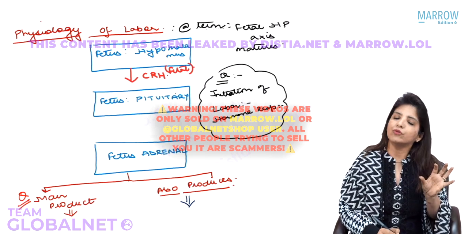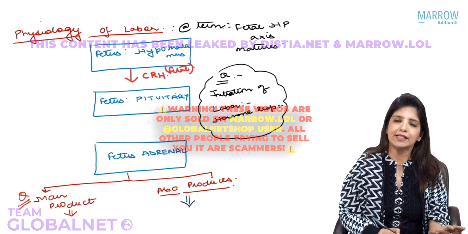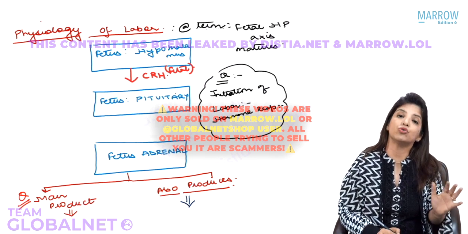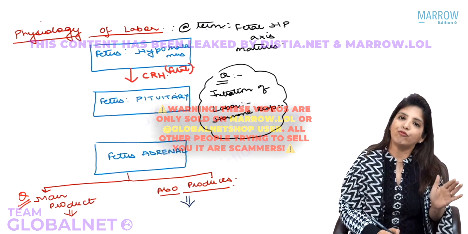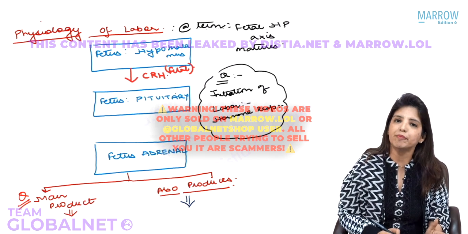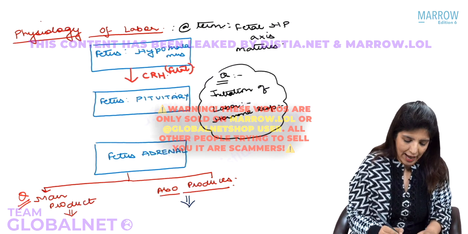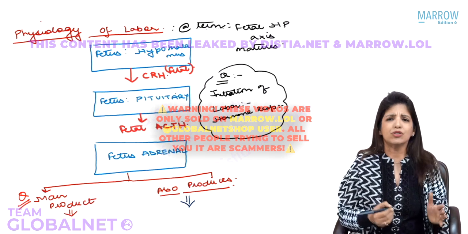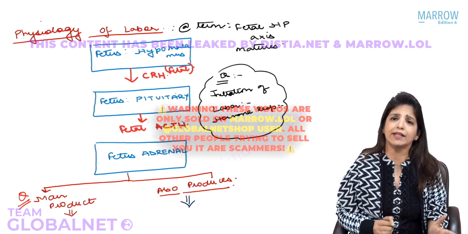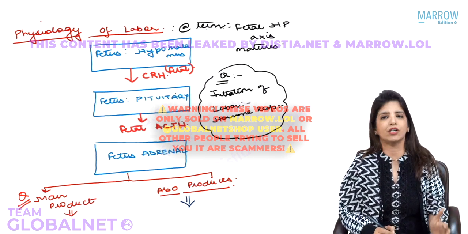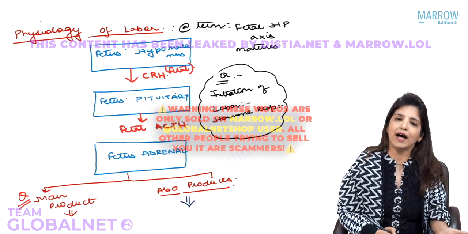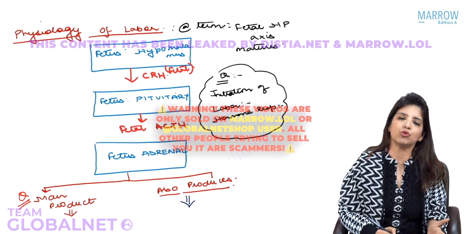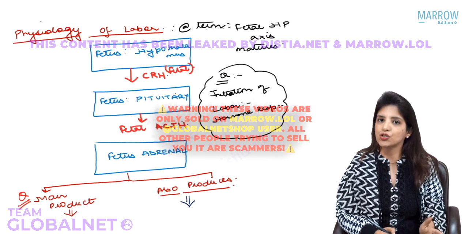Right? Now this fetal CRH, once it is released, is going to act on the pituitary gland of the fetus, and from the anterior pituitary gland of the fetus, ACTH will be released. Fetal ACTH will be released. So this is normal physiology which you've already done, that from the hypothalamus CRH is released and this CRH acts on the pituitary, and from the pituitary ACTH is released.